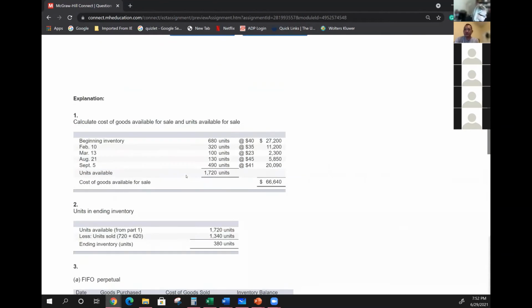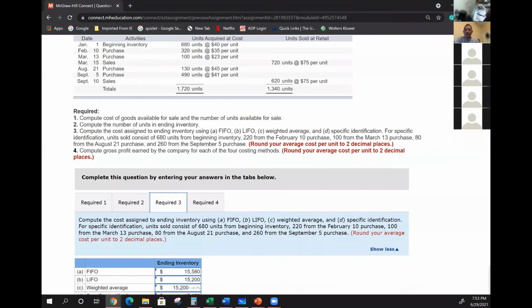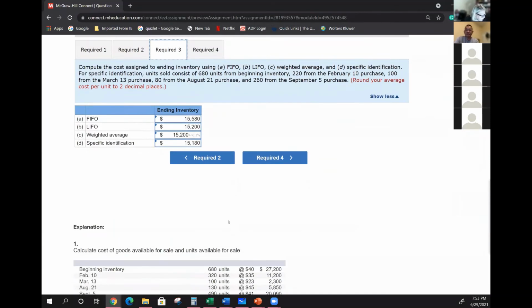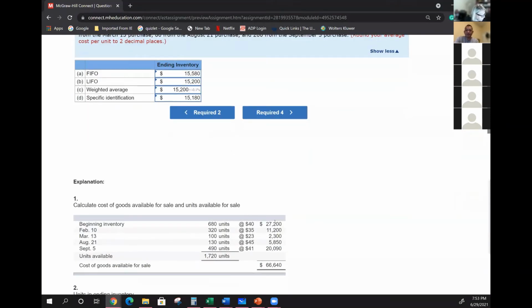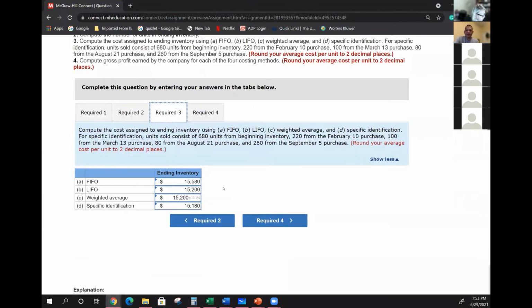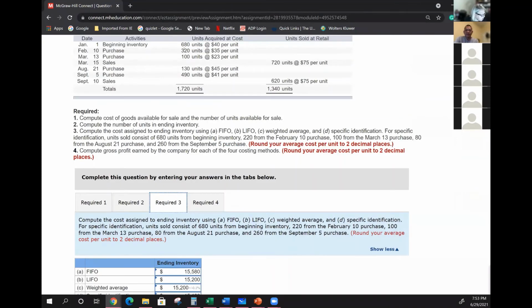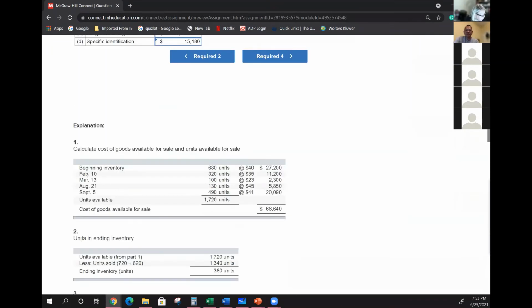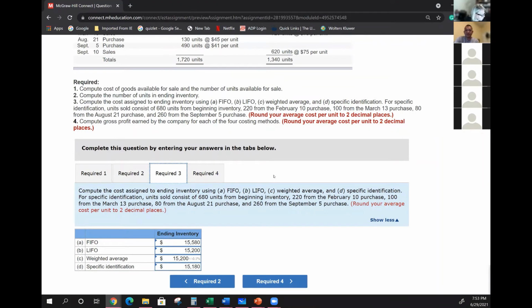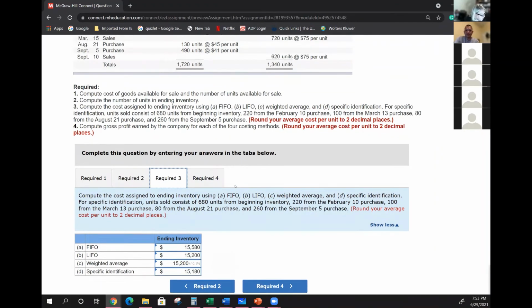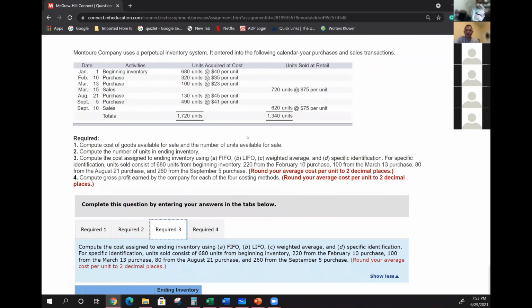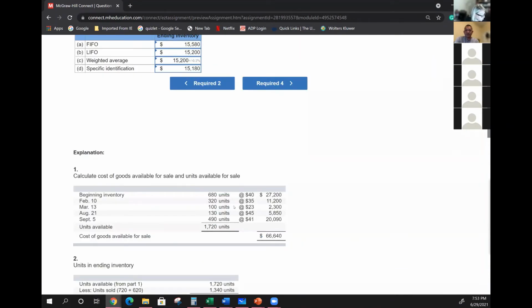It shows 680 at 40, so here's my beginning, 680 at 40. On February 10th, we made a purchase of 320 units at $35. Then the next one is 100 at 23, so there's my 100 at 23.